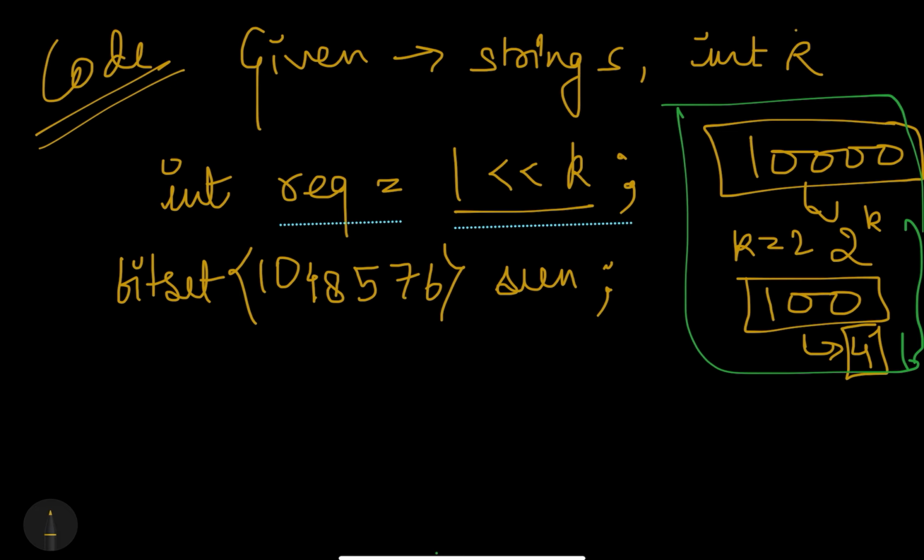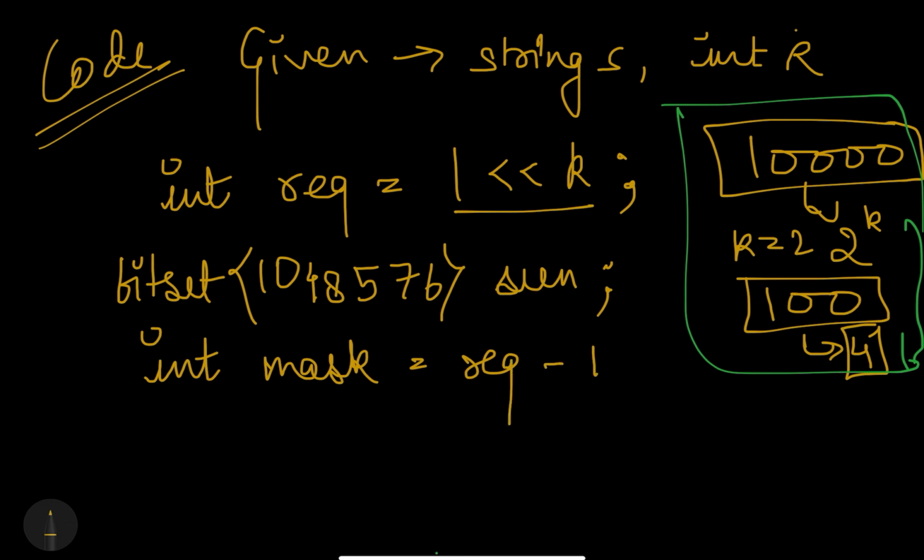Then we'll take another variable, mask, and a variable required, which is initially 2 to the k minus 1, and another variable hash equal to 0. It will give us the current substring code.